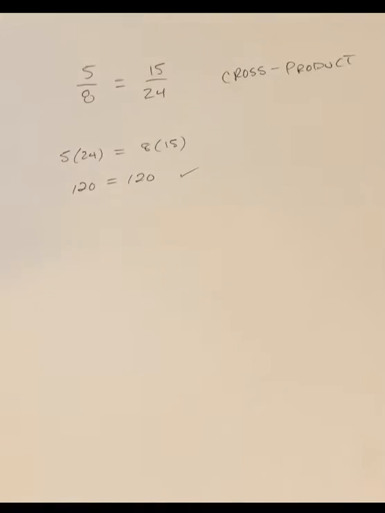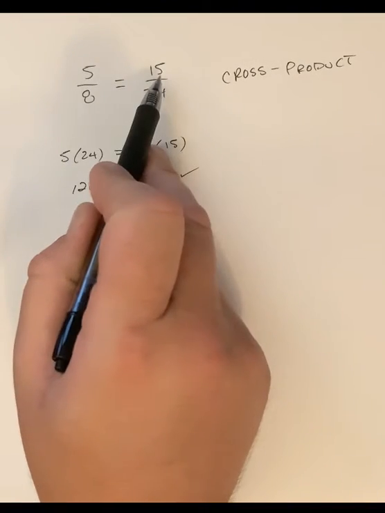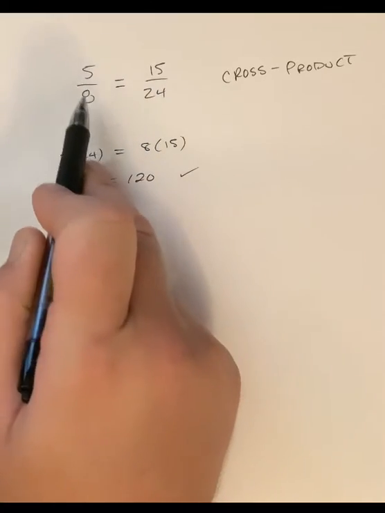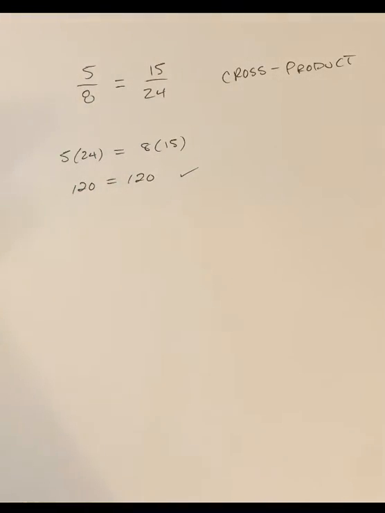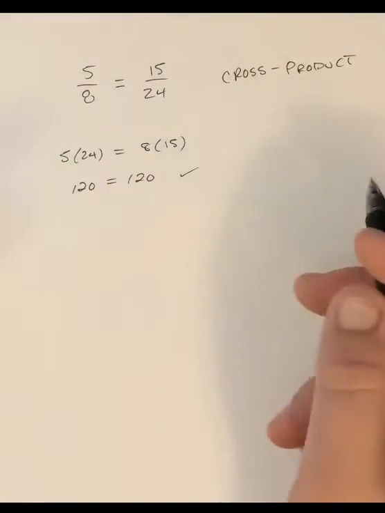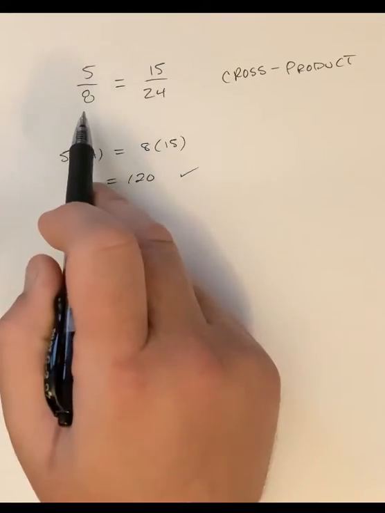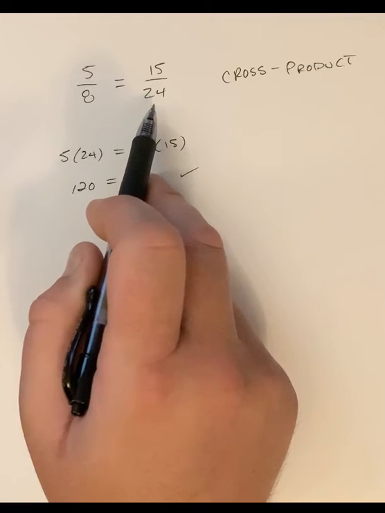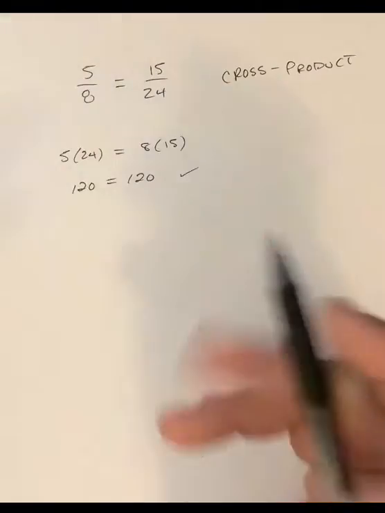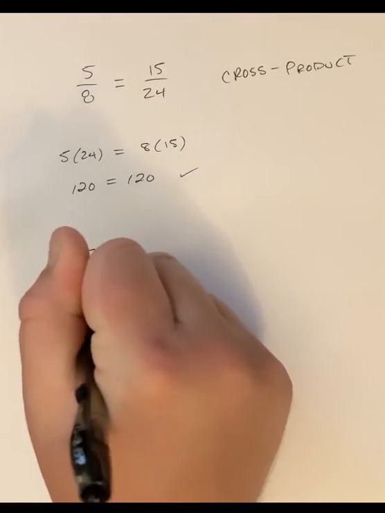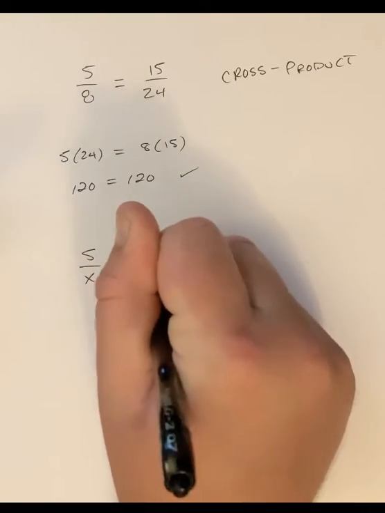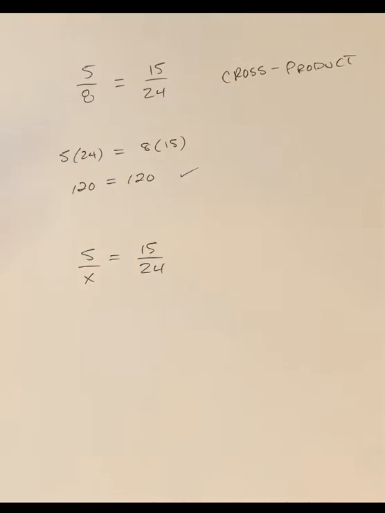Now, usually when you solve a proportion, you're not staring at two fractions like this, where everything's an integer. Usually there's a variable in there, or an algebraic expression. So instead of seeing 5/8 over 15, let's use the same two fractions, but let's say 5 over x is going to equal 15 over 24.